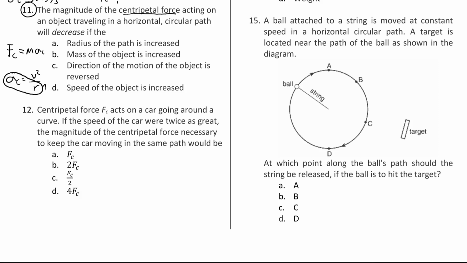So as the radius increases, the acceleration will decrease. And from our top equation here, the acceleration is directly proportional to the force. So if the radius increases, the acceleration will decrease, causing the force to decrease.